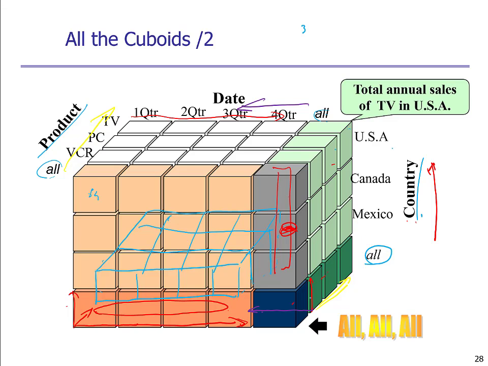So we see that it has one cell on the country dimension, one cell on the date dimension. So it is the total annual sales across all the countries of a particular product, because it has multiple cells on the dimension of product. Right?